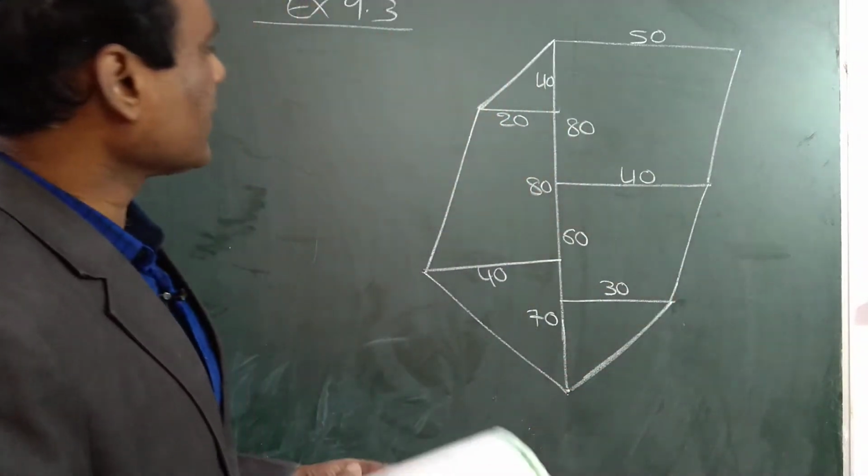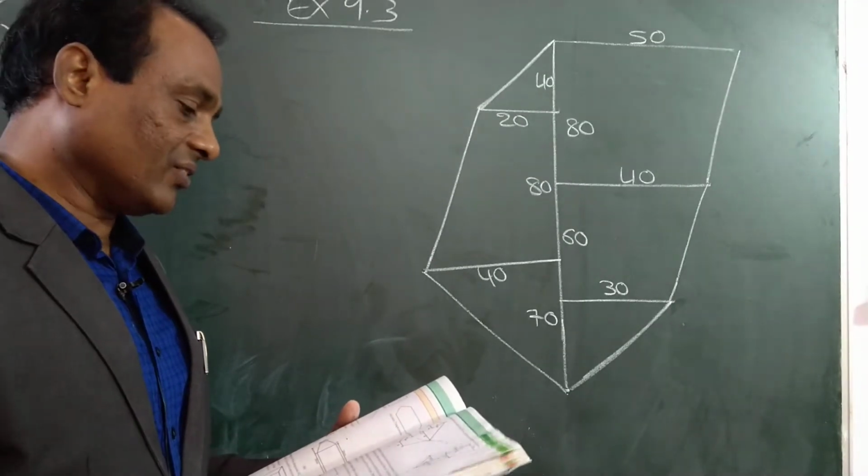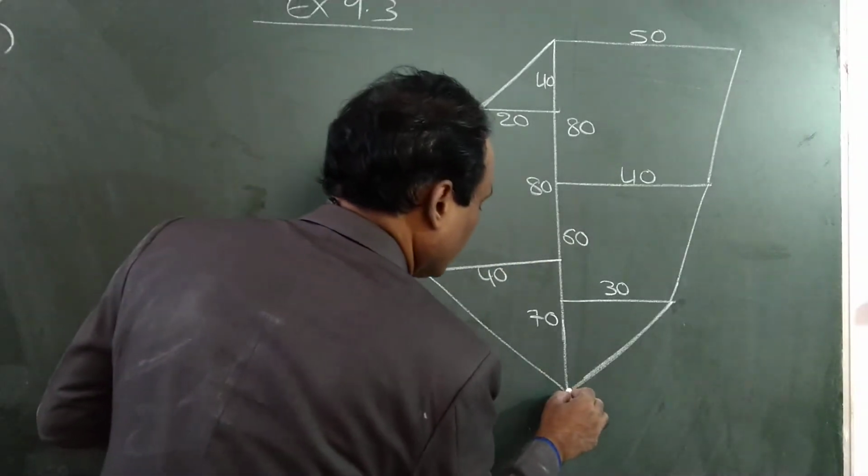Students, this is the diagram and these are the dimensions in meters. We have to find the area of this figure, and I will write the symbols also.